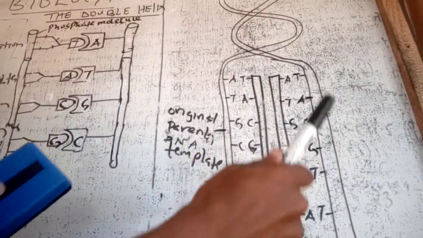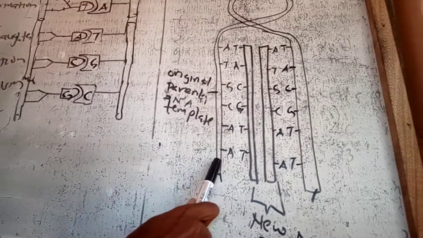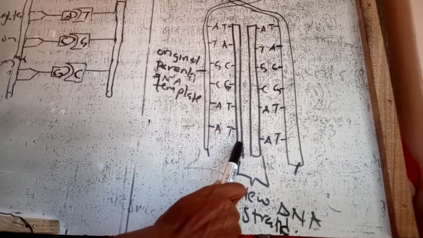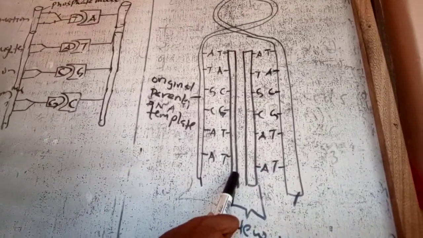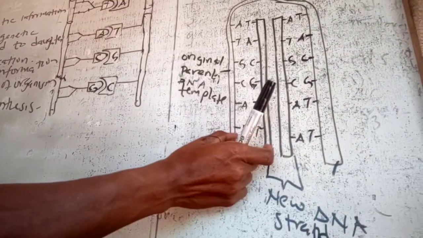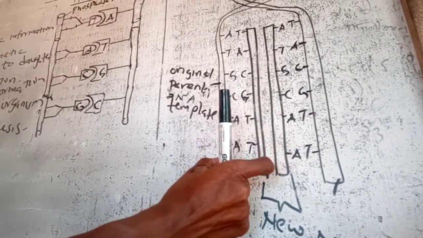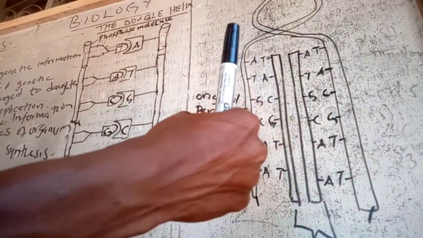After that process has taken place, this parent DNA template will coil together with the new DNA strand. They will coil together and end up forming an exact replica of the original DNA.